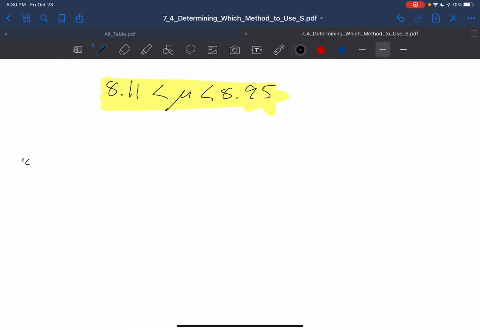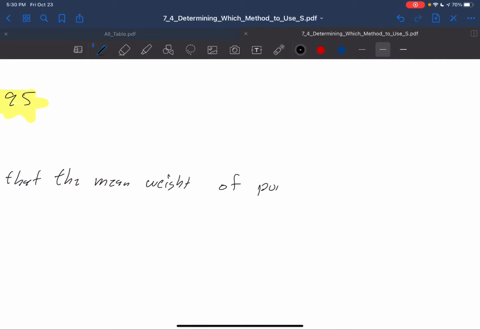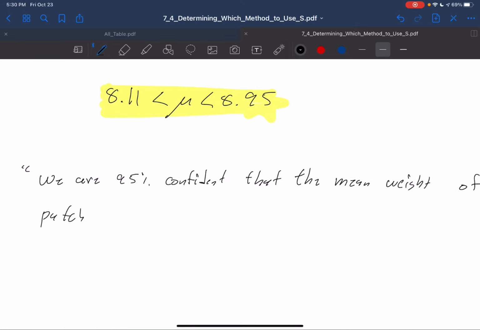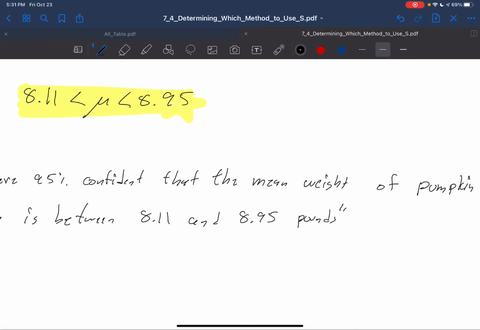We could say that we are 95% confident that the mean weight of pumpkins from this patch is between 8.11 and 8.95 pounds. Cool.